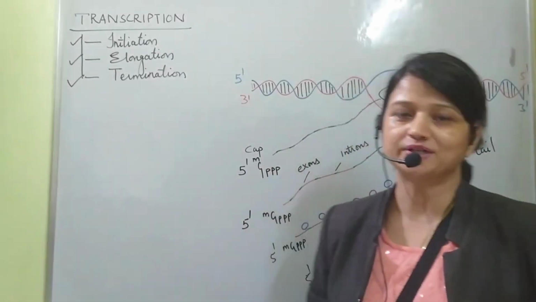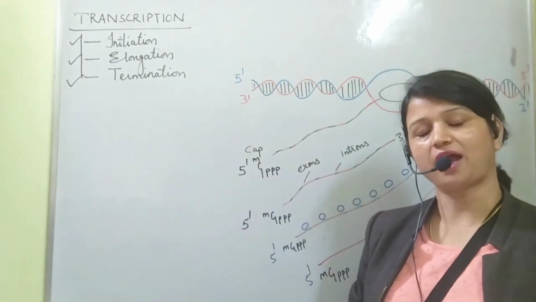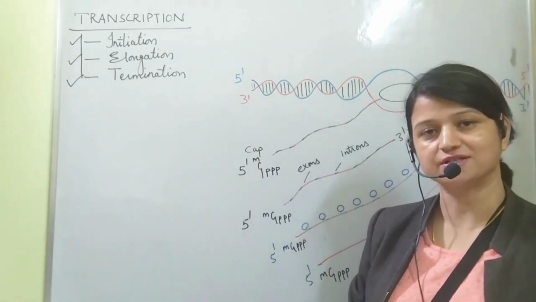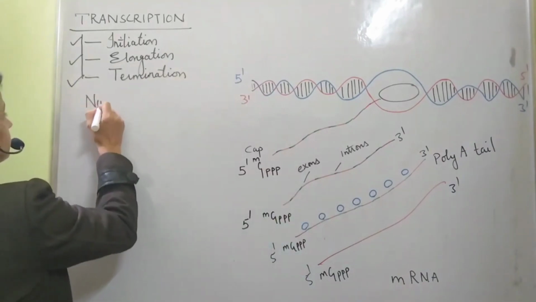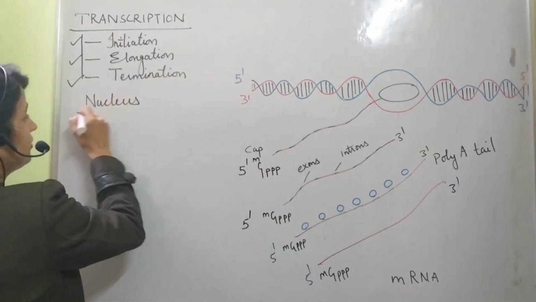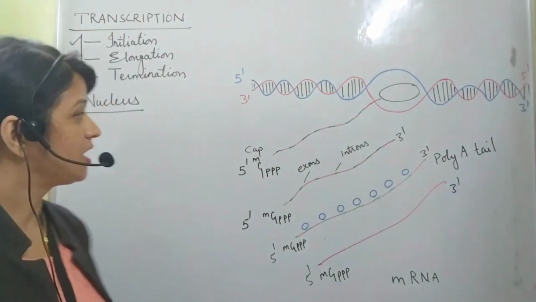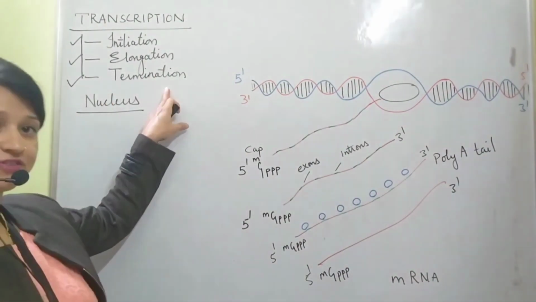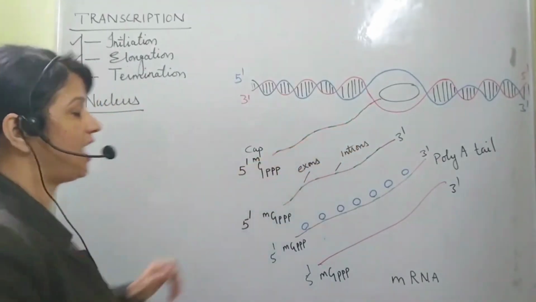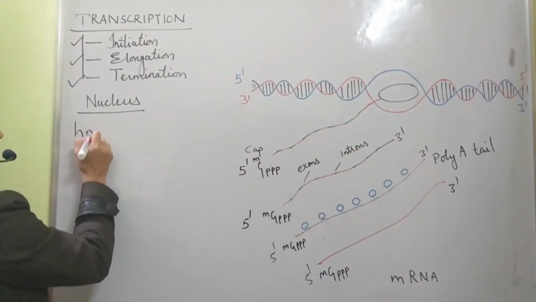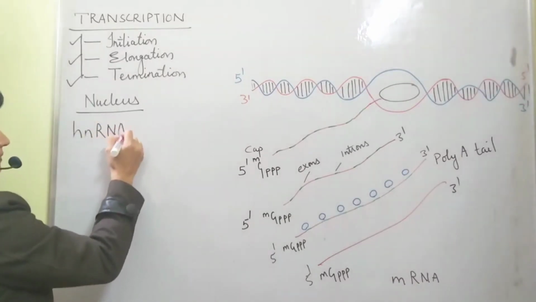Students, now we will discuss transcription in eukaryotes. In eukaryotes, the process of transcription takes place in the nucleus, while in prokaryotes, it takes place in the cytosol. Now, after the process of termination in eukaryotes, we get the hnRNA. hnRNA is heterogeneous nuclear RNA.